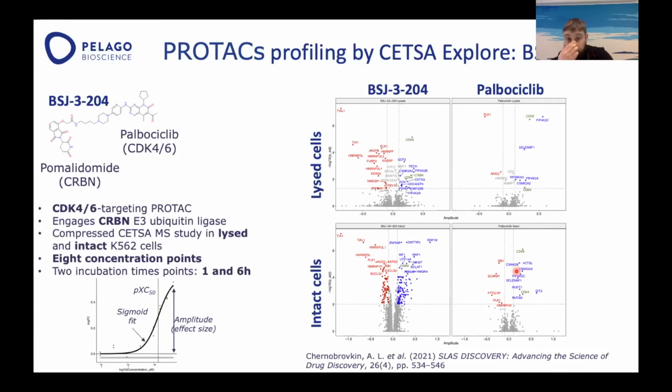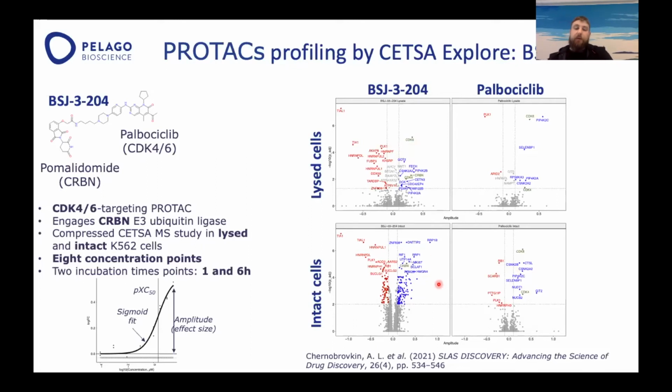When we look at the PROTAC molecule, then the binding profile in the lysed cells is quite similar to the palbociclib, with the addition of the cereblon as the target of the pomalidomide part of the molecule, but also some more proteins specific to the PROTAC molecule, but still a quite specific and clean binding profile.